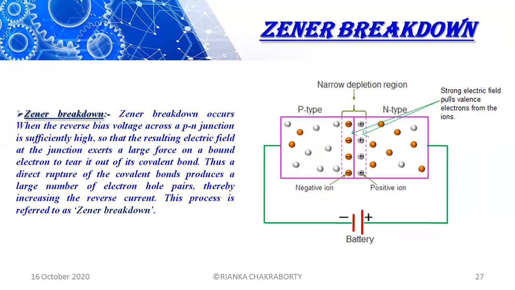Thus, the direct rupture of covalent bonds produces a large number of electron-hole pairs, thereby increasing the reverse current. This process is known as Zener breakdown.